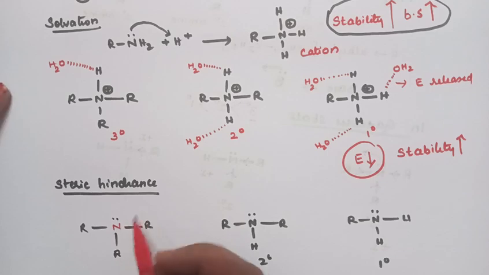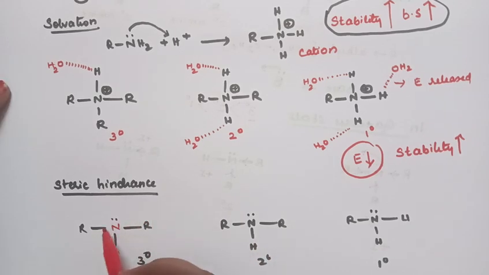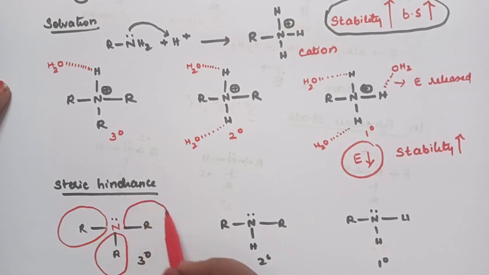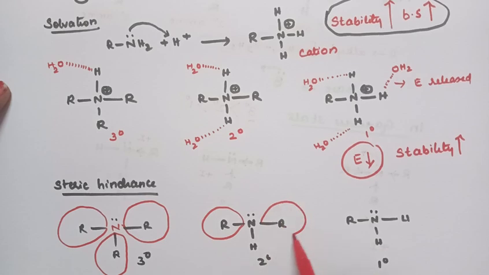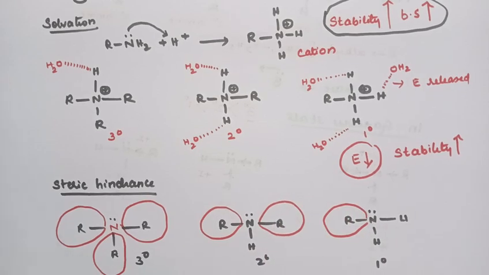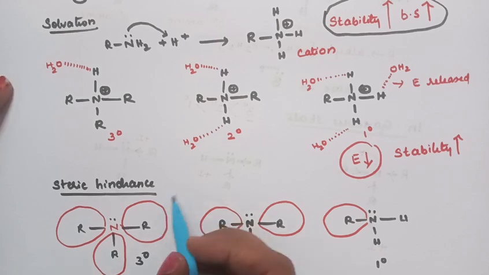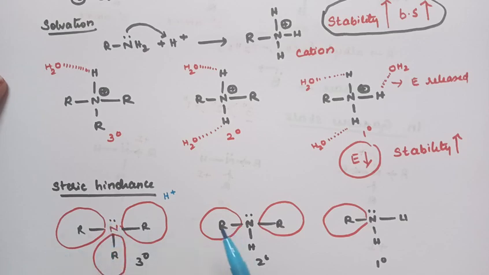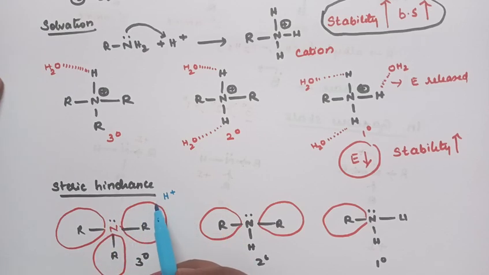Students, here the R group means it is a bigger group. So it is a bulky group. I'll write it as a bigger group like this. This is very bulky in nature. Here two bulky groups are present, and here only one bulky group is present. Now a proton should approach this lone pair of electrons. If it is more basic in nature, it should donate this lone pair of electrons to the proton easily.